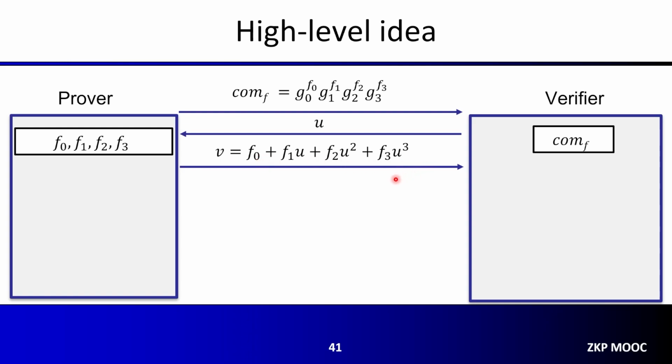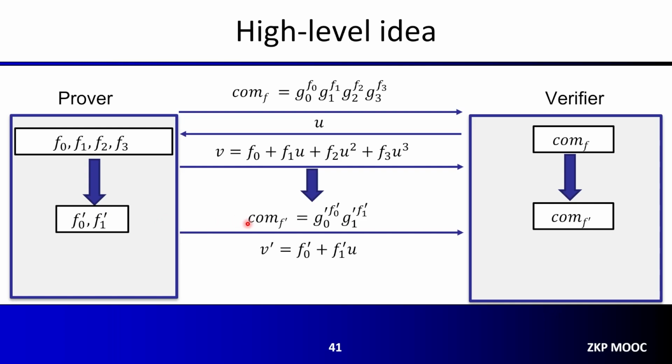And the key idea of this Bulletproof reduction is to reduce this claim of evaluation v at point u for the polynomial inside this commitment to a new claim about a new polynomial of only half the size. So through a reduction, we want to reduce this original polynomial of degree 3 to a new polynomial of degree only 1 with two coefficients, f0 prime plus f1 prime x.